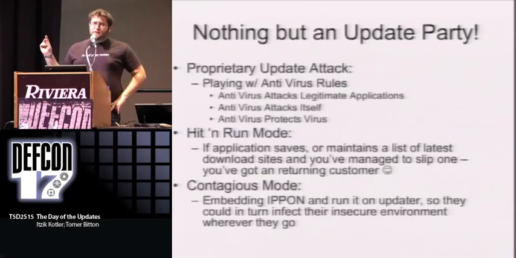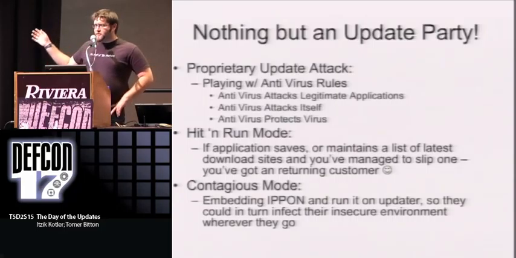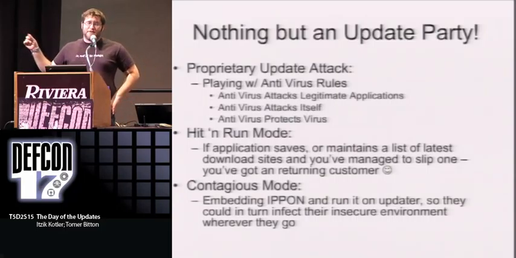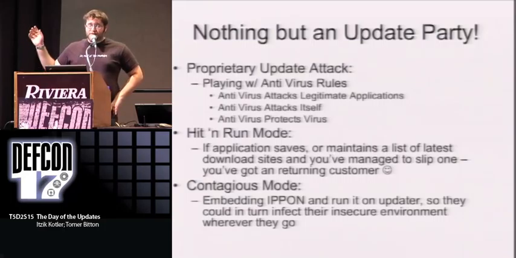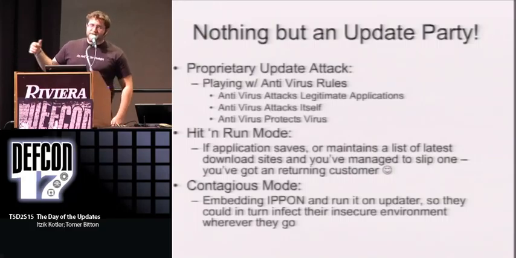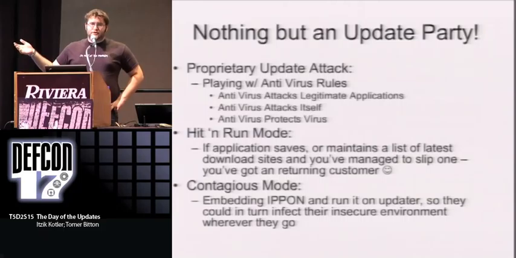But the most interesting thing that we saw, except again firewalls, Snort, etc., is antivirus rules. People tend to trust the antivirus pop-up box, and they tend to believe that what it says is the truth. So we can actually make an antivirus attack a legitimate application. We will just insert a bad signature, and the antivirus will tell you that this application is no longer legitimate.